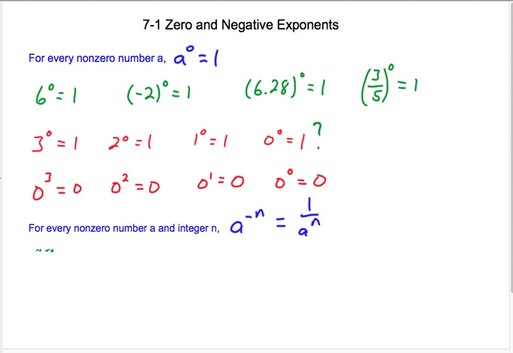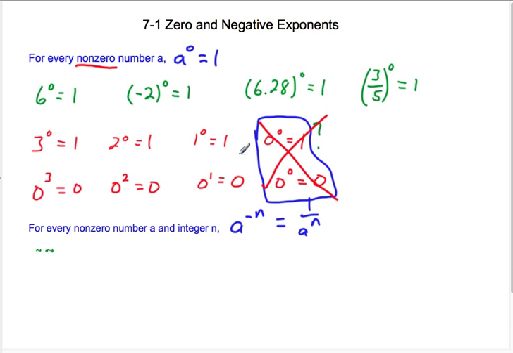Well, clearly you cannot have these two things being true because they're both different, right? 0 to the 0 can't equal 1 and also 0. And so that's why this says for every non-zero number. So this works for every single number except a base of 0. So those aren't correct, but these are.